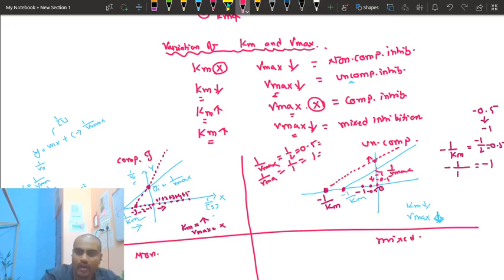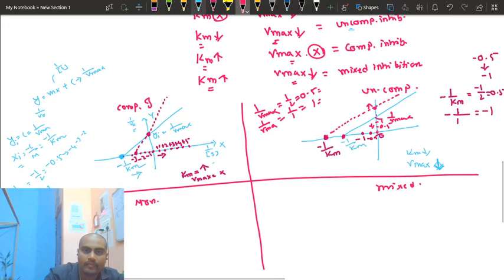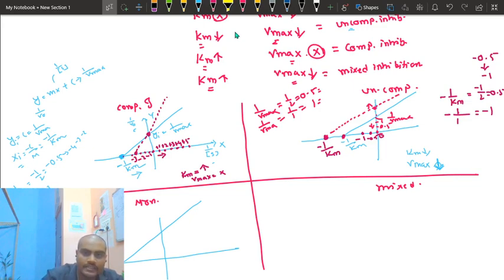Now if we talk about non-competitive inhibition, again we will draw the same graph with normal representation. In case of non-competitive inhibition, you can see that the km value remains unchanged and the Vmax value will get decreased, right? As km remains unchanged, we will not have to think about the km.